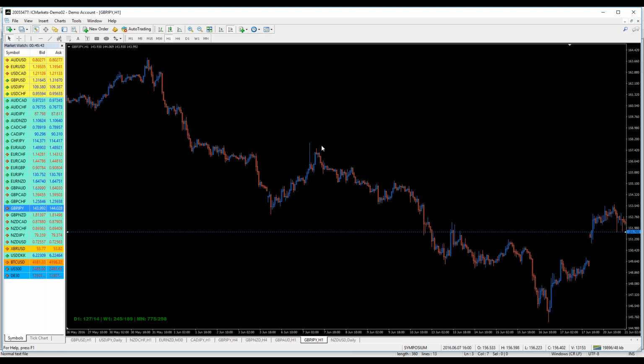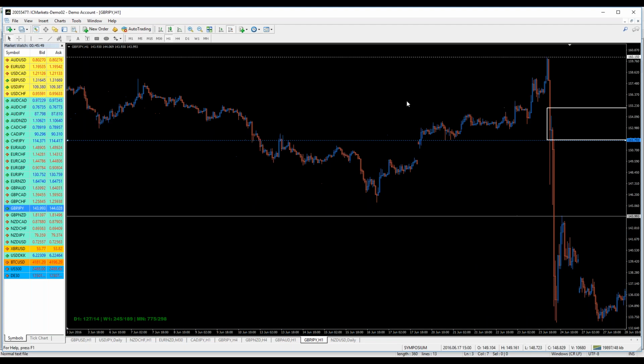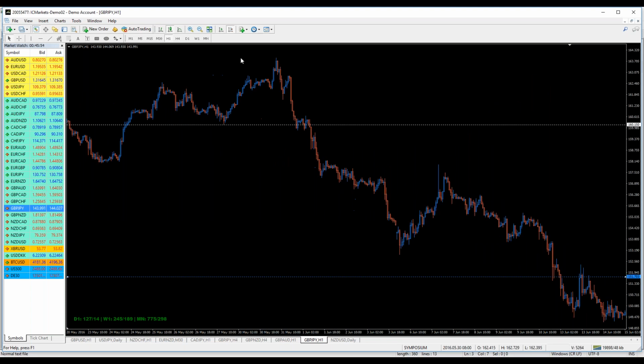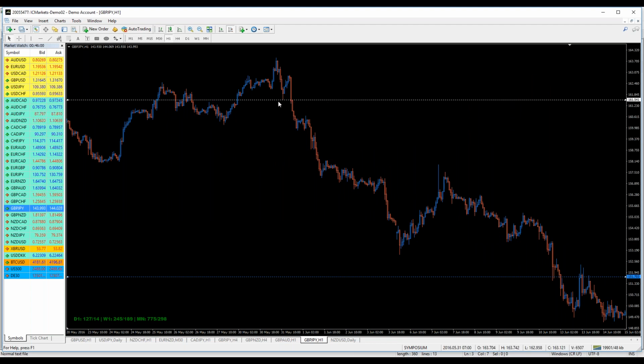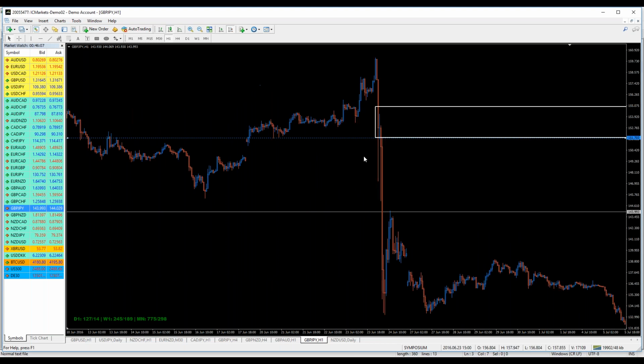Yeah, and then you can keep looking above. We have some other levels here, which is testing this. And this one here is still untested. So from here and up would be an area that you could look to, because this one is still out of balance.